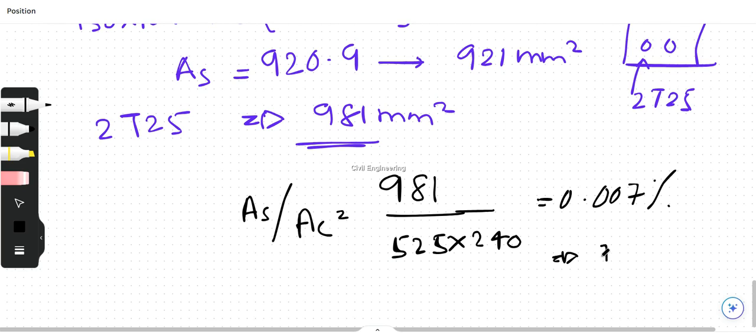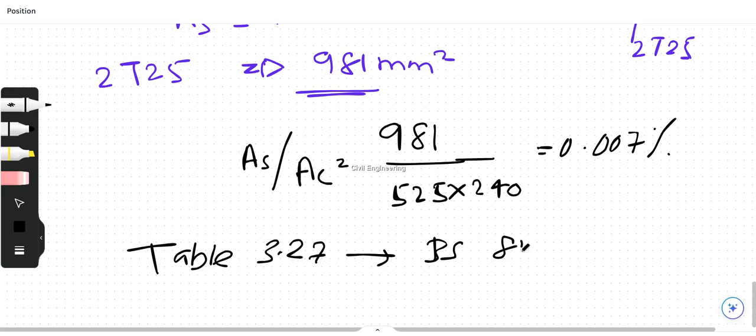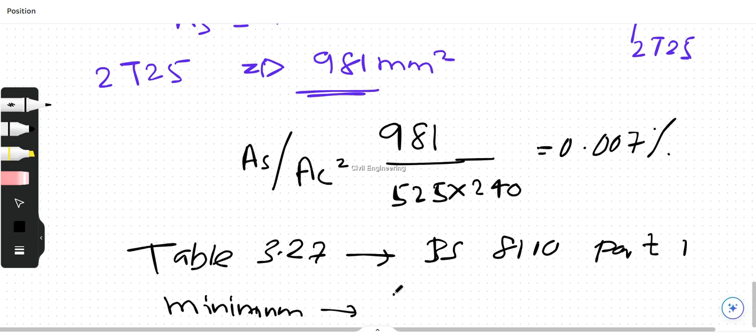It means, from Table 3.27 in BS 8110 part 1, we can get the minimum reinforcement: 100 As over Ac is equal to 0.13.